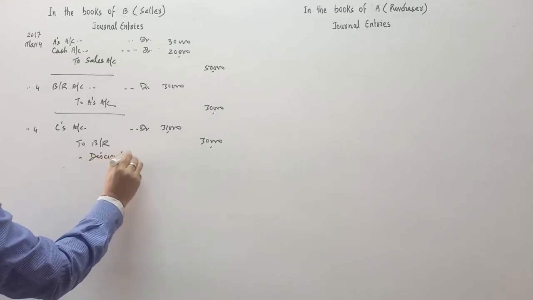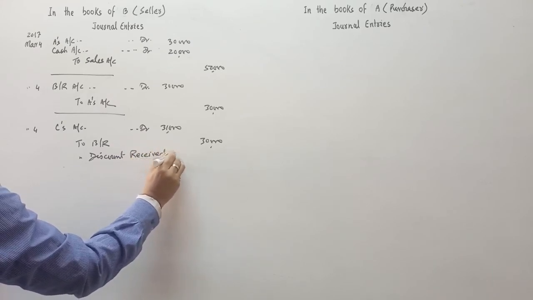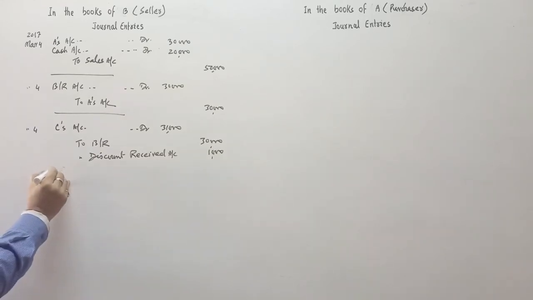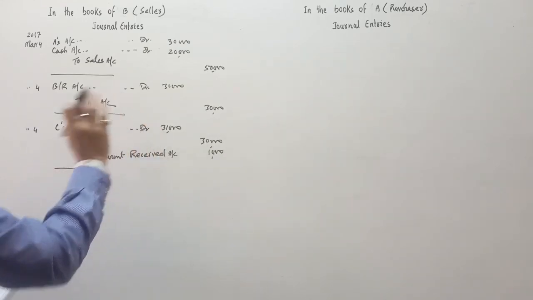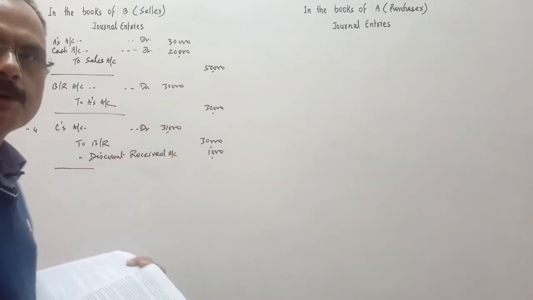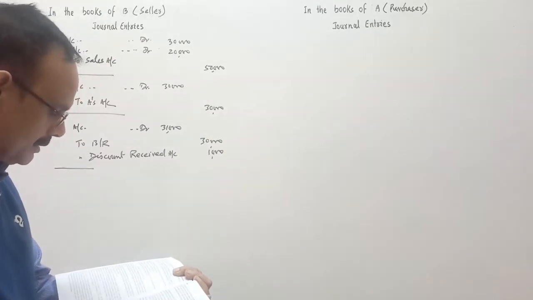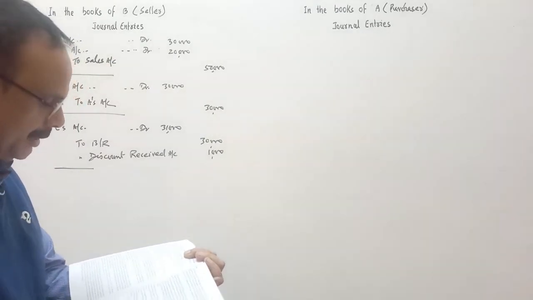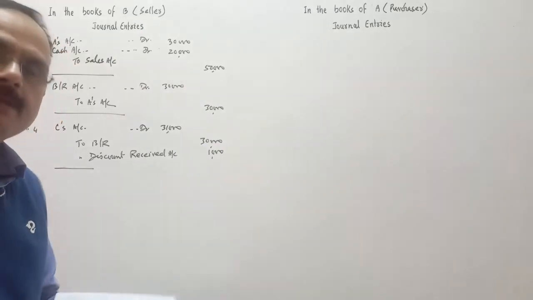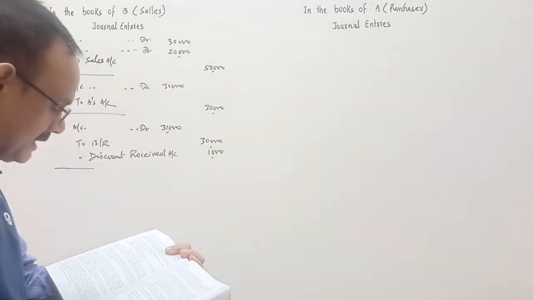Discount received is 1,000, because in full settlement of 31,000, B has given a promissory note of rupees 30,000.